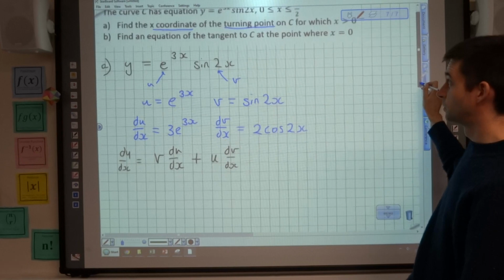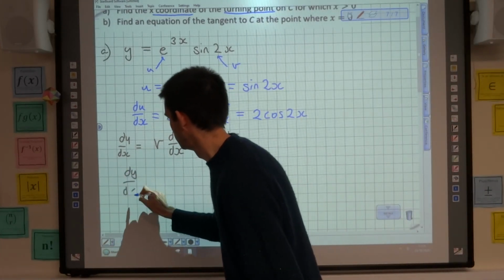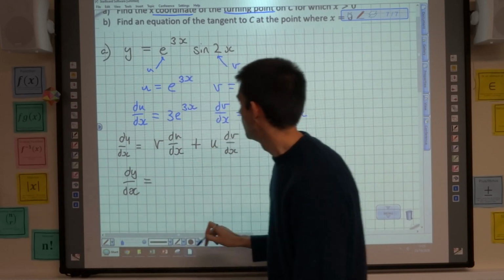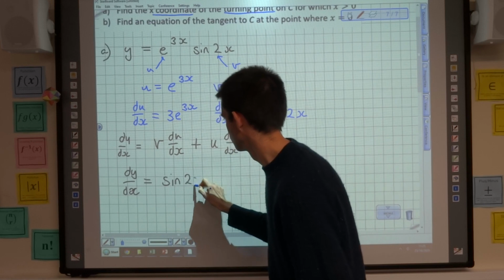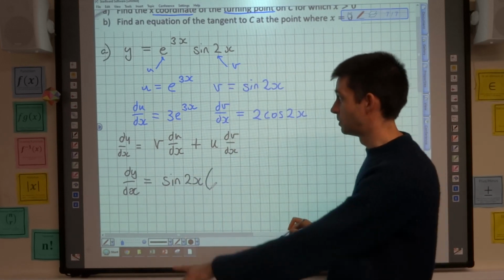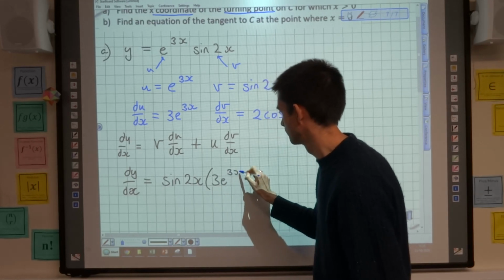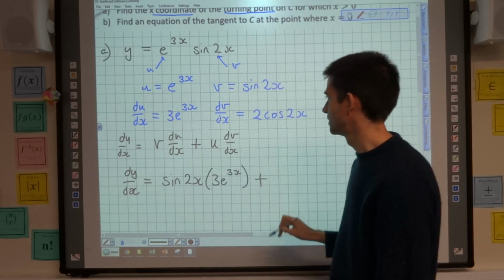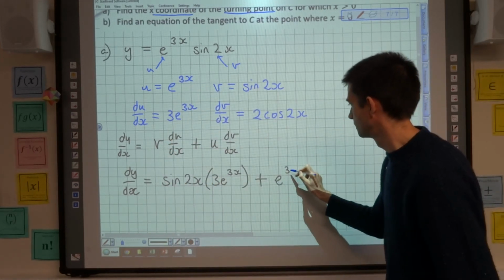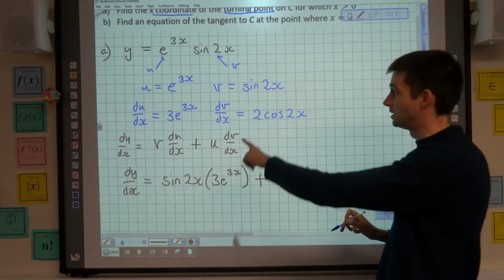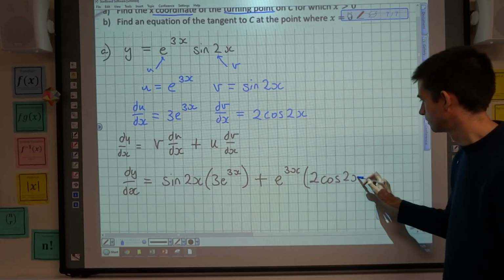So what I'm going to get for this function here then, dy dx equals v, which is sine 2x, multiplied by du dx, which is 3 e to the 3x, plus u dv dx. So u is e to the 3x, and dv dx is 2 cos 2x.